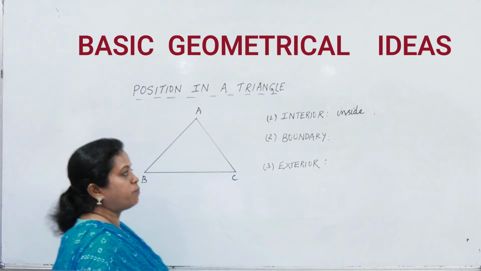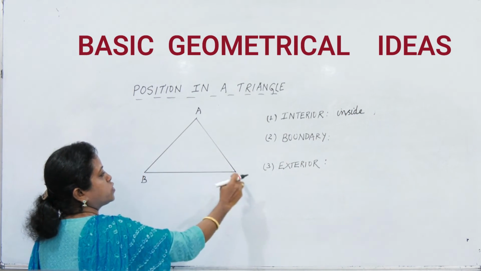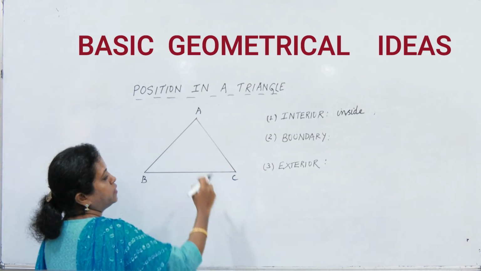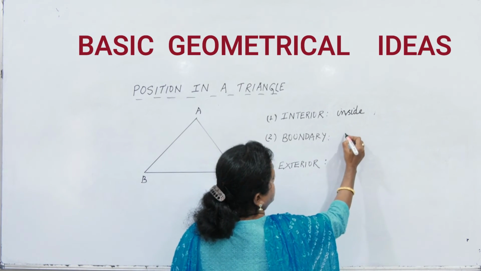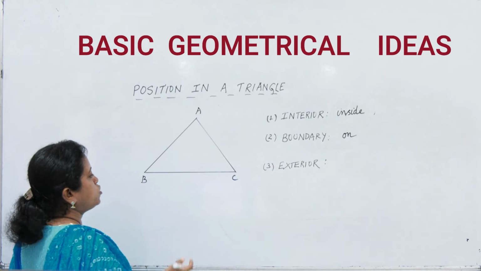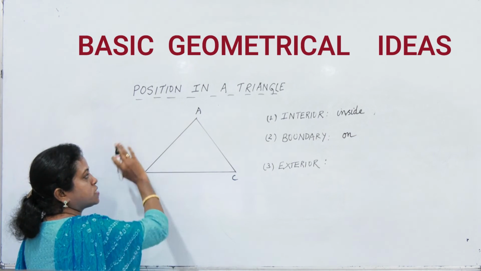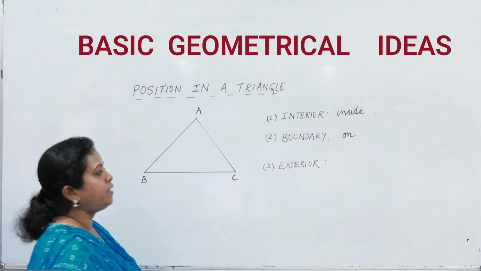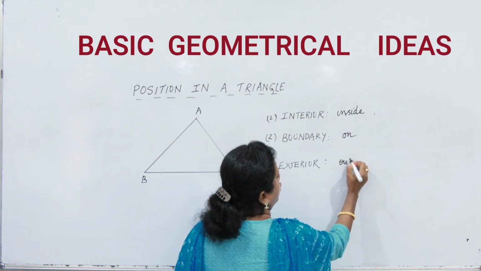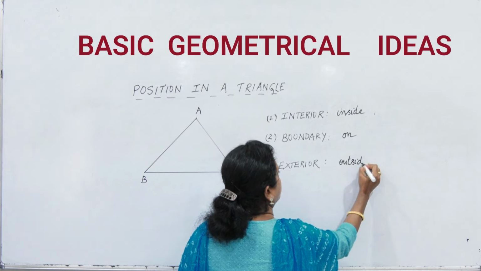If you have a point on the line segments which form the triangle, it is on the boundary, or on the triangle. And any point outside the given triangle is in the exterior of the triangle.